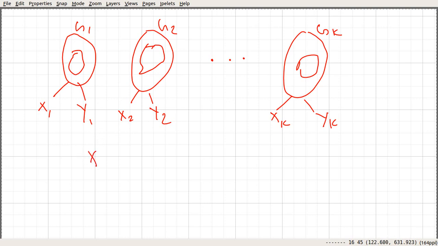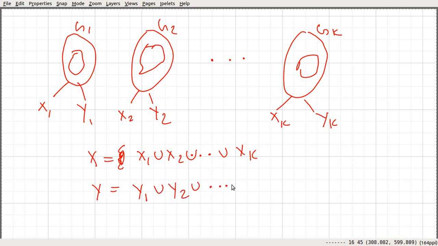The whole graph can then be partitioned into X and Y, where X is X1 union X2 union up to Xk, and Y is the union of Y1, Y2, all the way up to Yk.